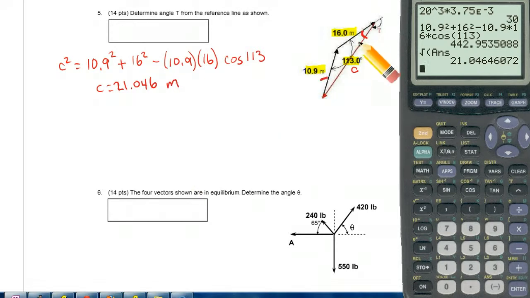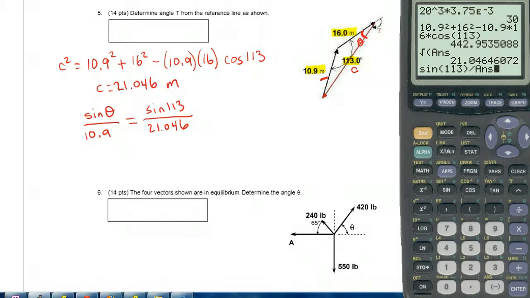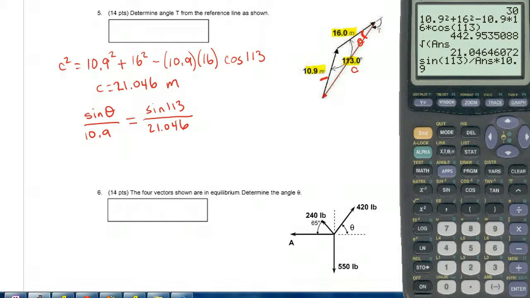Now if we call this theta, we can use law of sines. Sine of theta over 10.9, the opposite side, is equal to sine of 113 over its opposite side, 21.046. 21.046 was my answer from before, so I'm going to do sine 113 divided by that answer times 10.9.